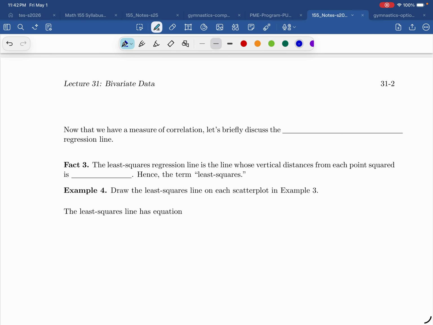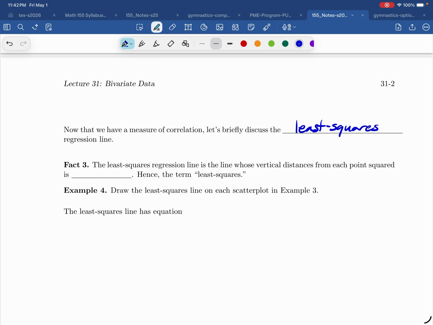Now, so we have our measure. R is the correlation coefficient. Let's briefly discuss the least squares regression line, okay? Now, why do we call it the least squares regression line? Well, let's think about what it is.